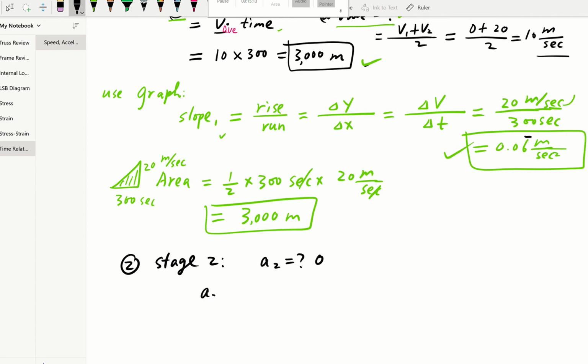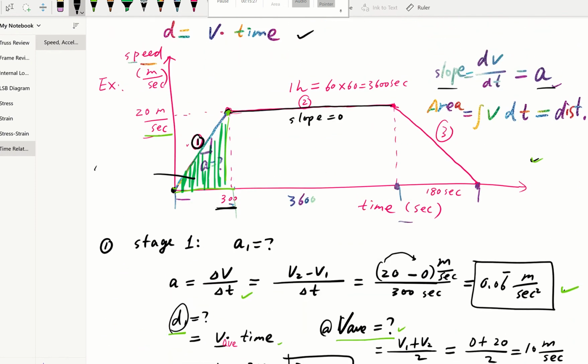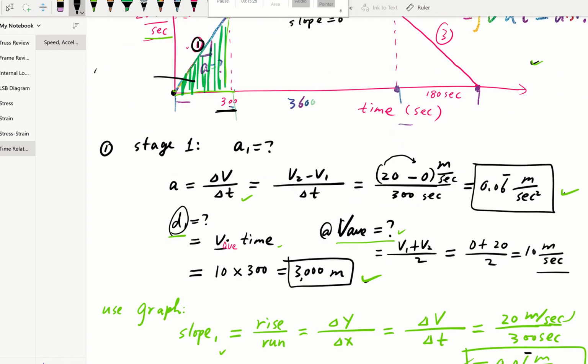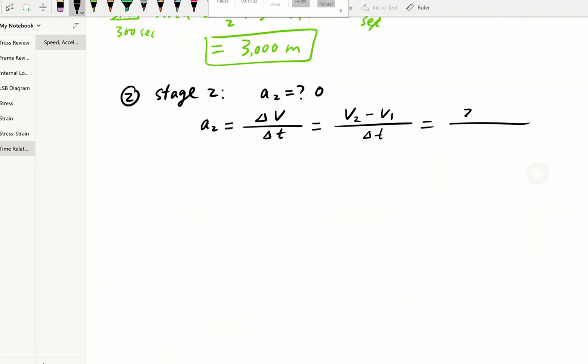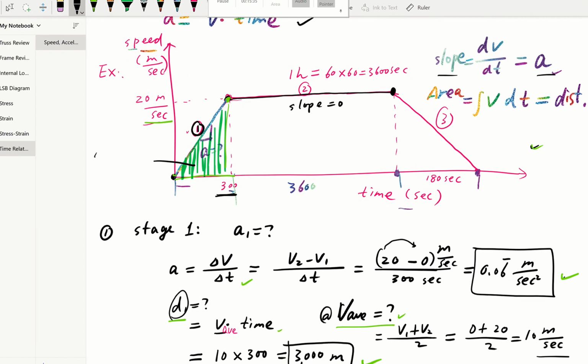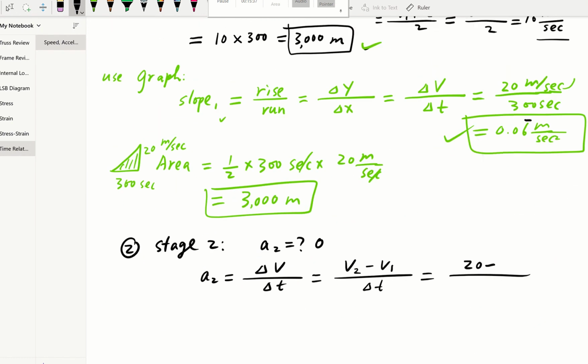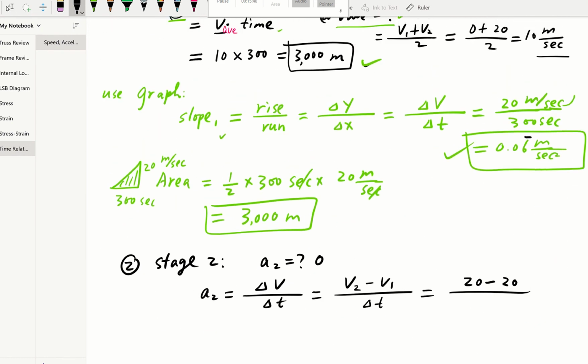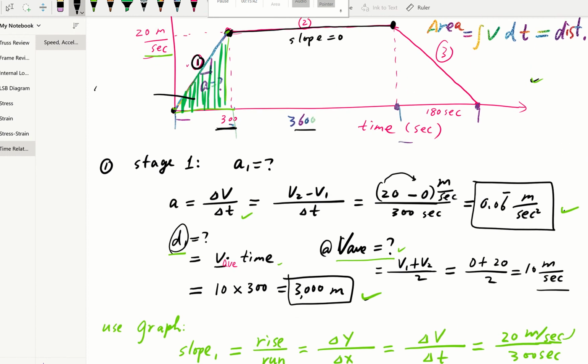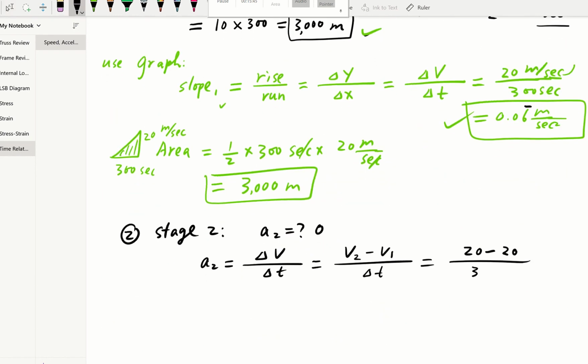Alternatively, you can use the formula delta v over delta t: final speed minus initial speed, then divided by time. The final speed for stage 2 is this point, 20 meters per second. The initial speed is this point, which is constant, 20 meters per second. How long does this take? It takes 3,600 seconds. That gives us 0. You got the same answer using a different approach.